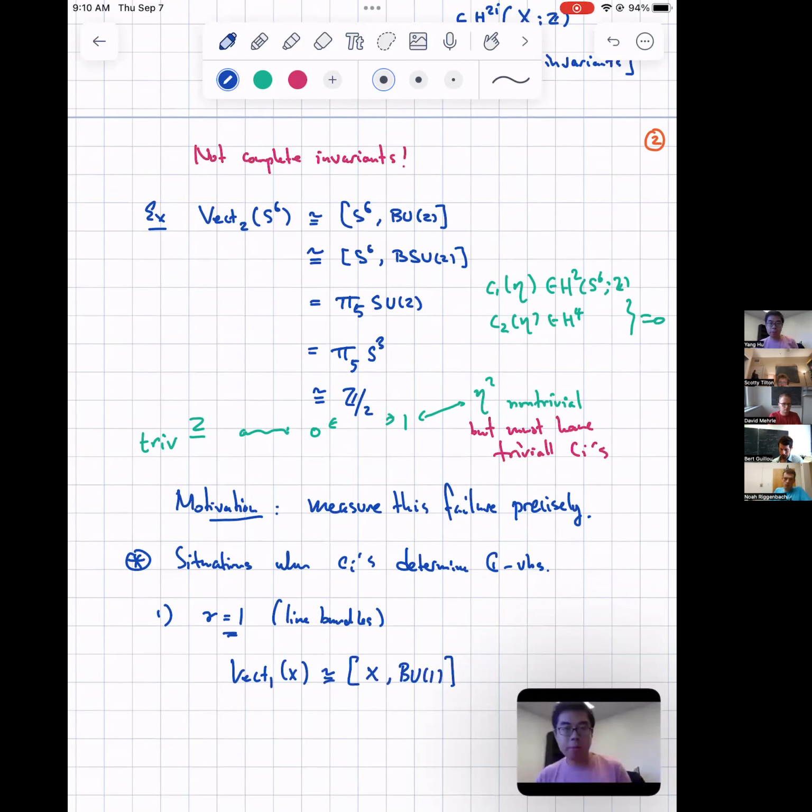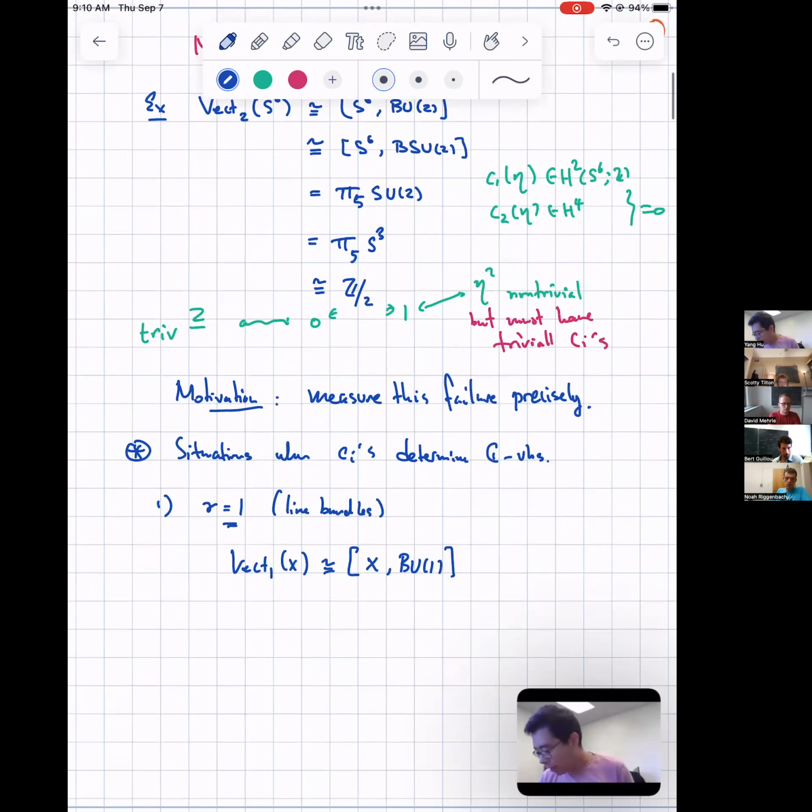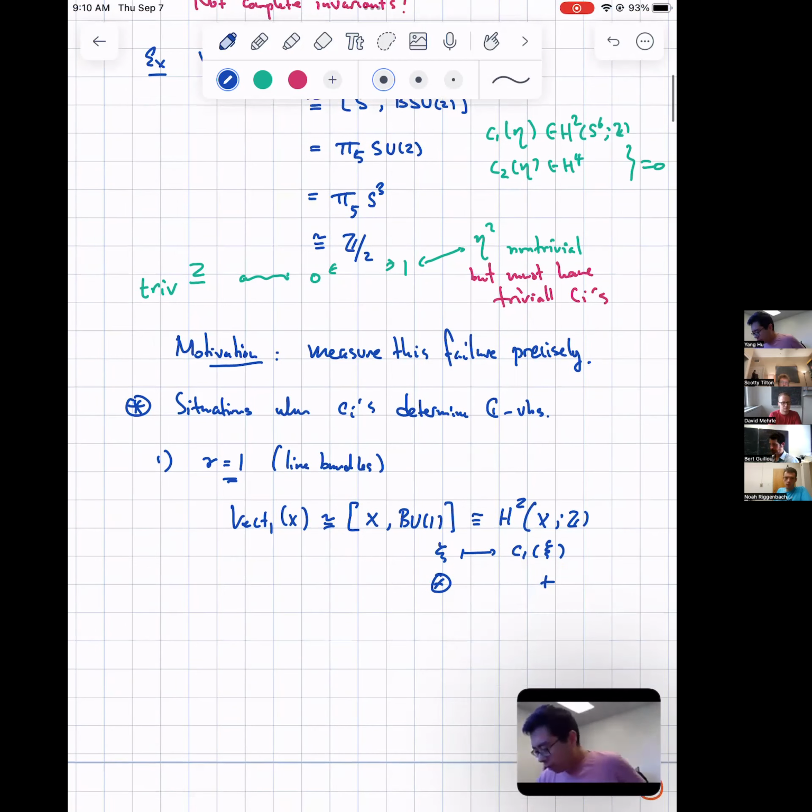Our favorite model for BU(1) is, of course, CP^∞, which also serves as the Eilenberg-MacLane space K(Z,2). So this is identified with degree 2 cohomology of X with Z coefficients, and taking first Chern classes realizes this isomorphism. So tensoring line bundles corresponds exactly to adding degree 2 cohomology classes. So this is super clear.